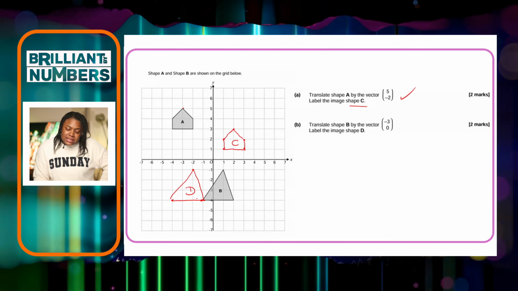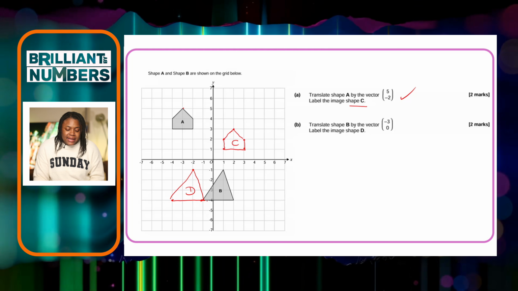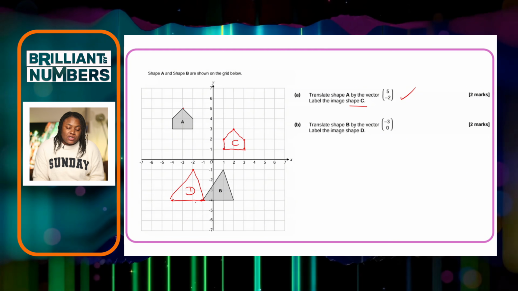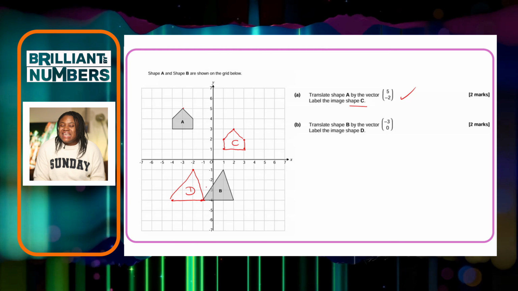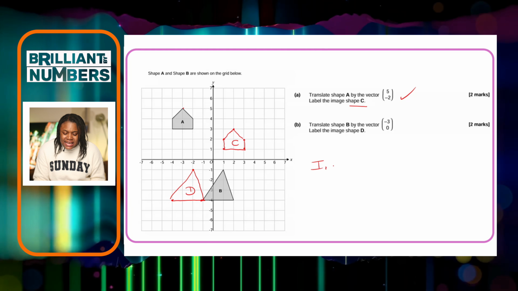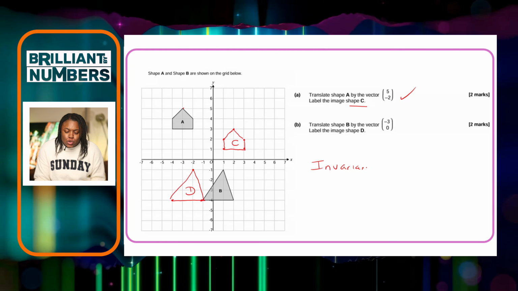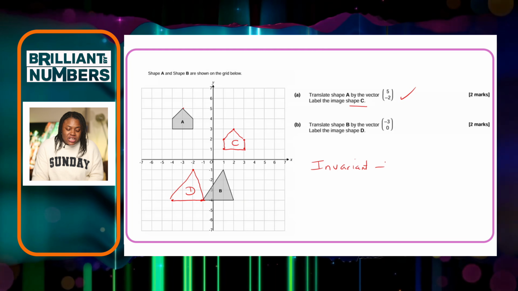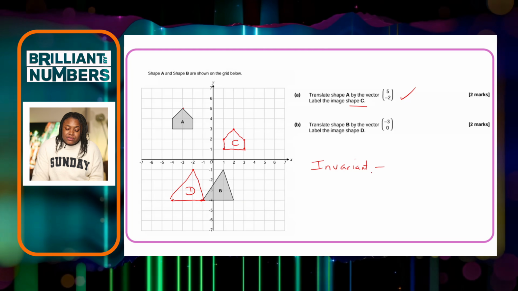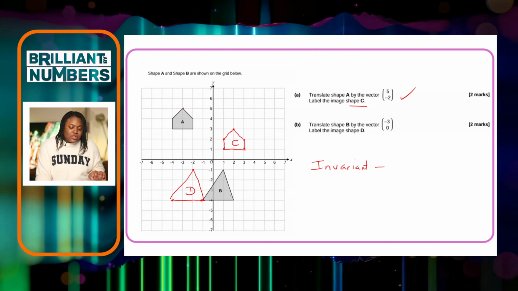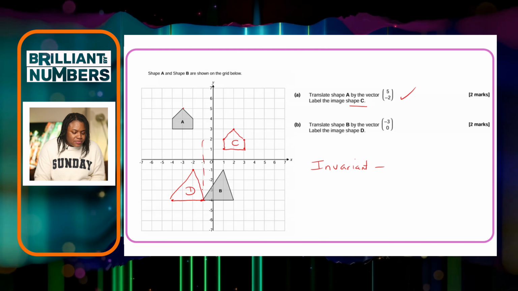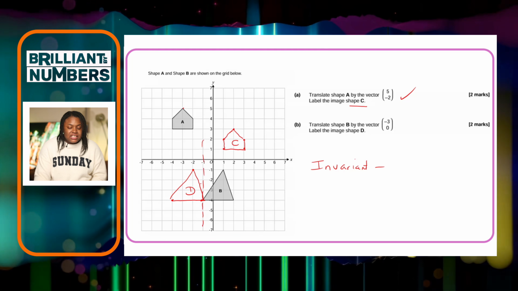Now I want to use this to say a follow-up question could ask you, what is the coordinate of the point that is invariant? Invariant means the point that didn't change after it is transformed. In this case, all the points have changed, but let's say this was a reflection down here and you reflect this shape.